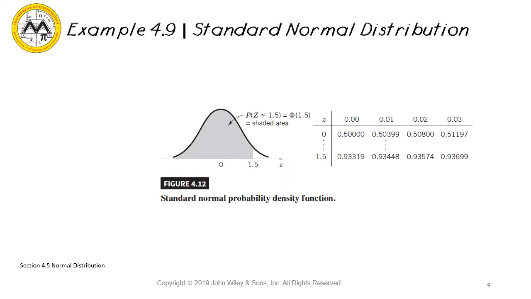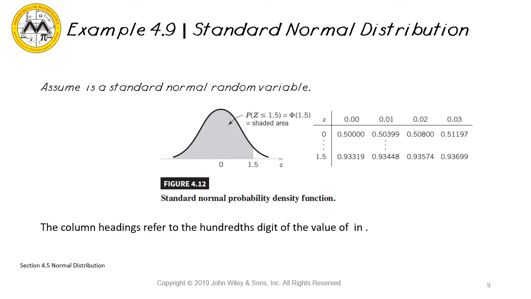For example, we want to get the standard normal area to the left of a certain value, phi of z. What we want to do is to look at the normal random variable table, or the z table. So for example, we want to get phi of 1.50. We divide it into two parts, the 1.5 and the 0.